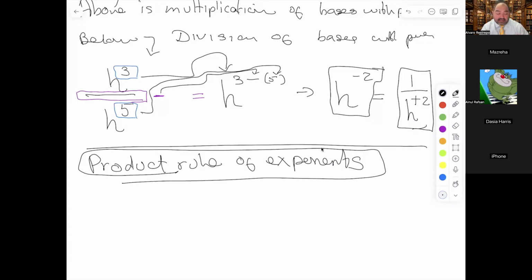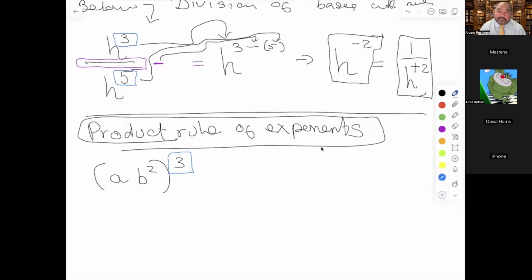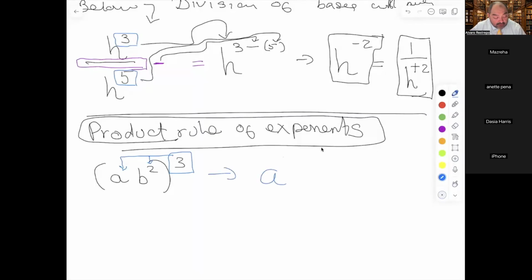And what this means is we are going to distribute this power. You see that power outside? The 3? Someone say yes. Good. That's going to get distributed to the A, and not only the A, but the B. So the answer here is going to be A to the 3rd, right?